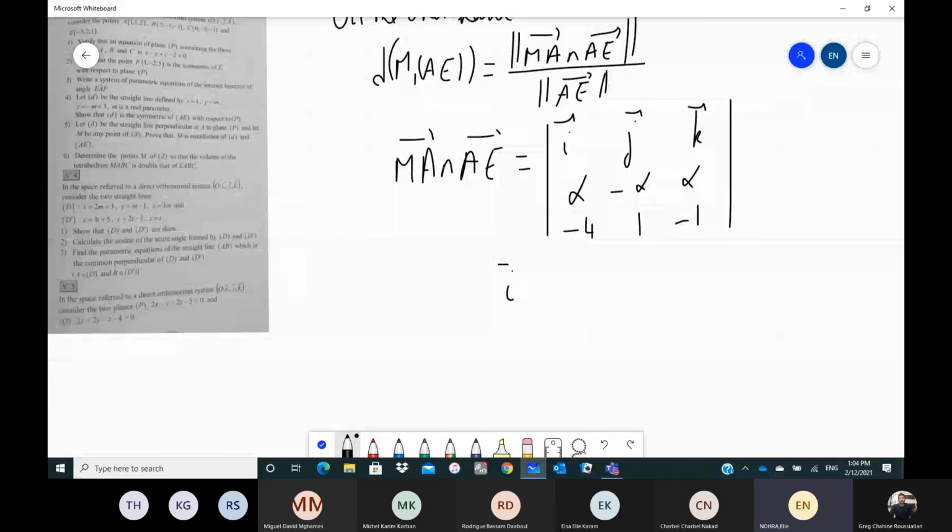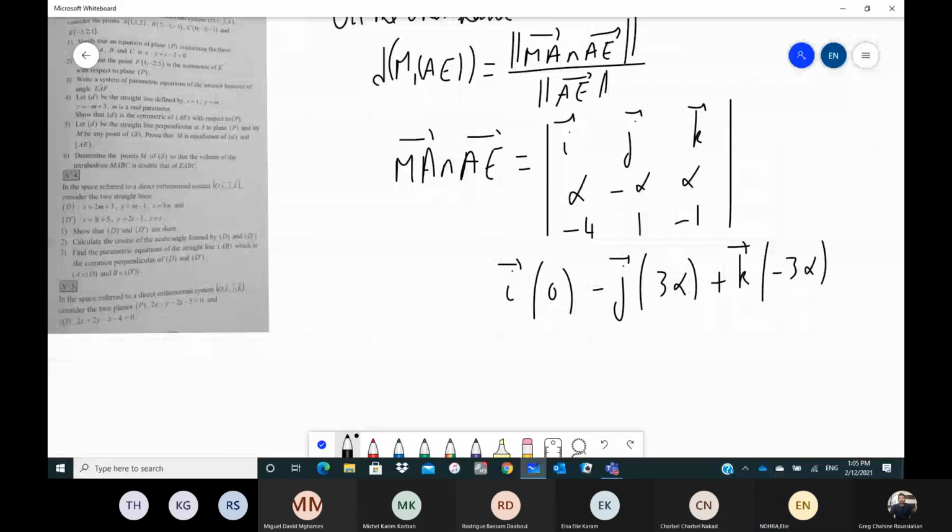It gives I times 0 minus J times 3 alpha plus K times minus 3 alpha.